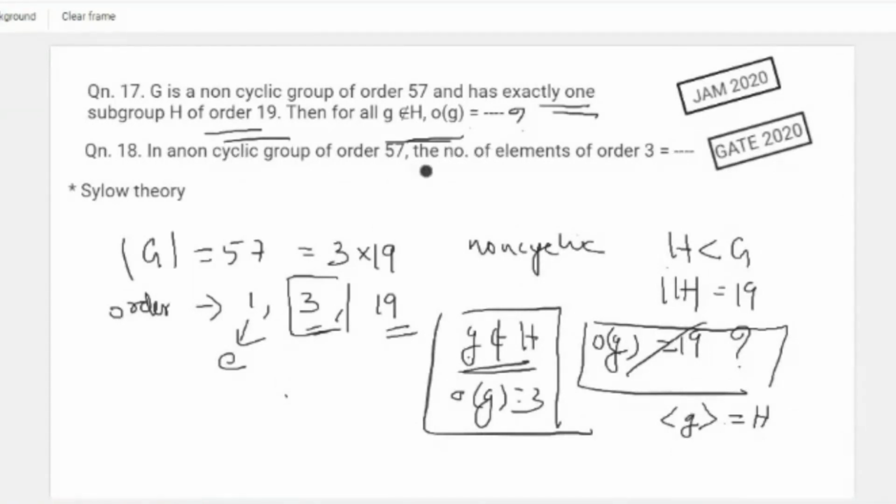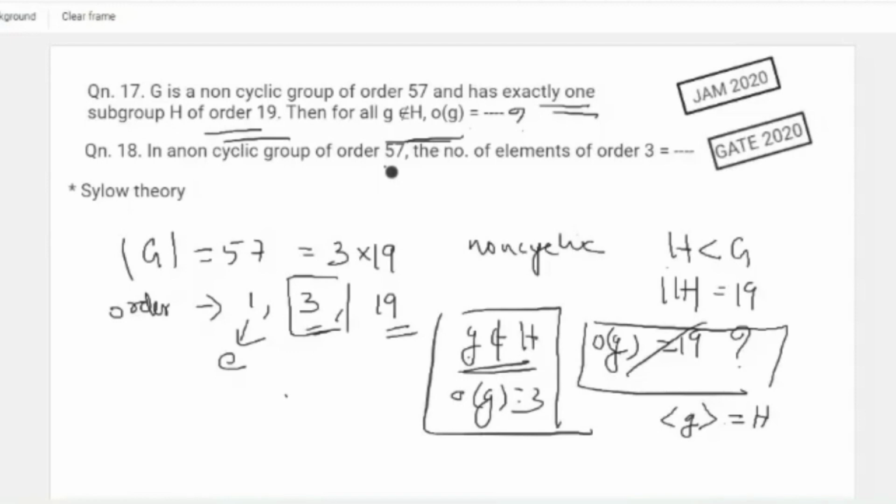It is again regarding the same group, but here we have to argue using Sylow theory that there is exactly one subgroup of order 19. In the earlier question that was given, but here we have to argue it.